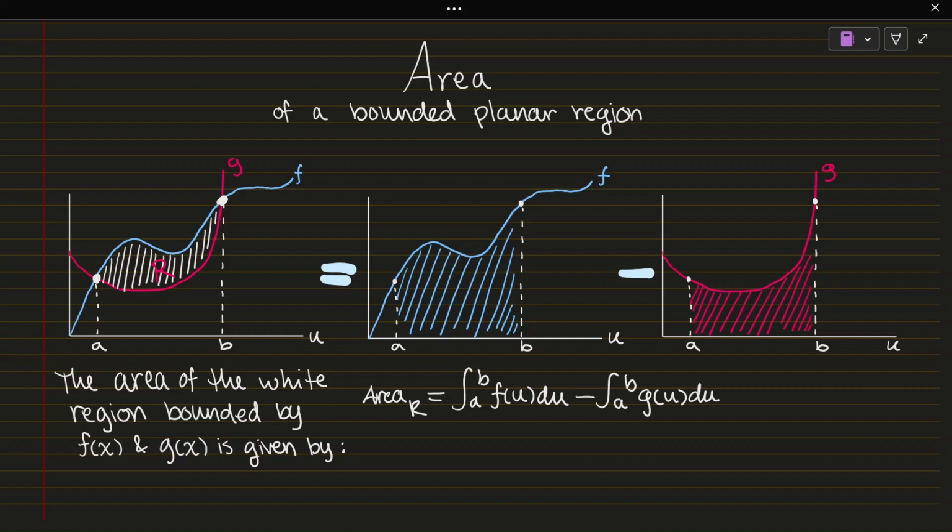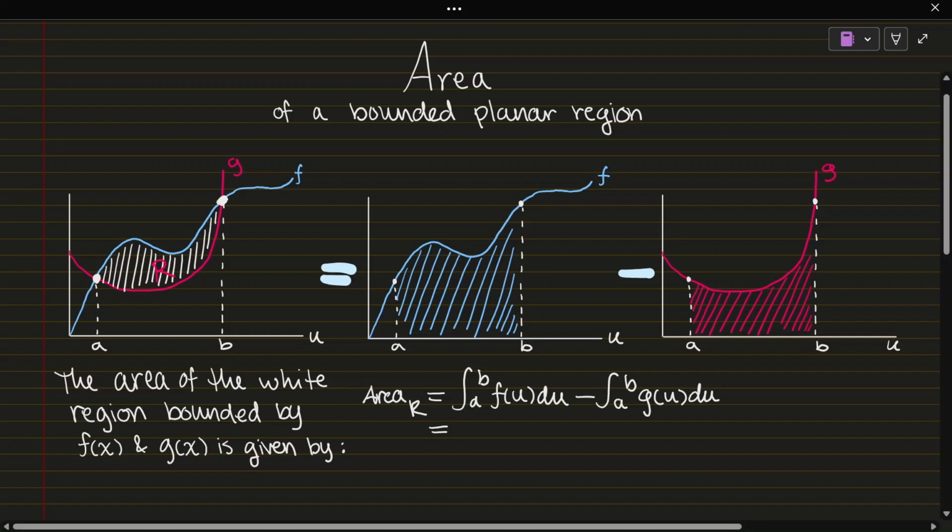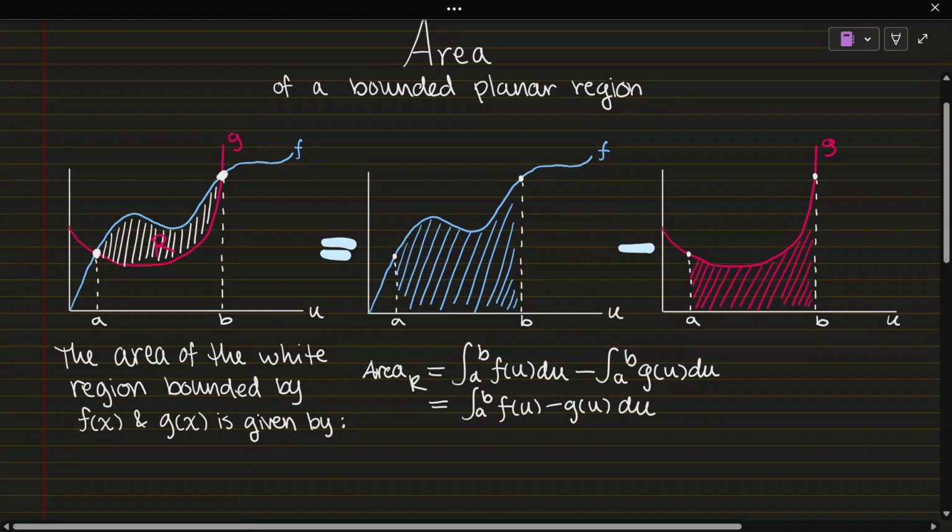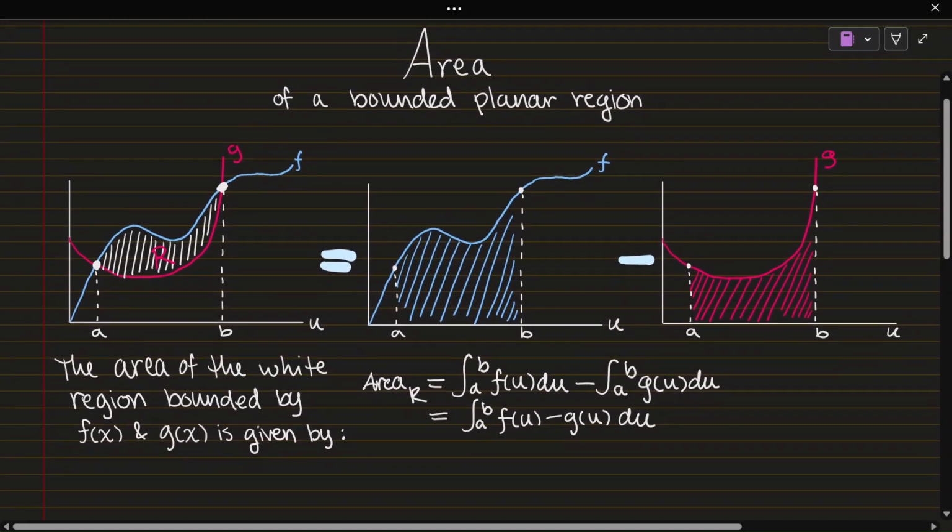By the properties of integrals, I can rewrite this as the integral from a to b of f of u minus g of u du. The reason I used u is because I didn't want to necessarily say x or y, because integrating with respect to x or y means different things.